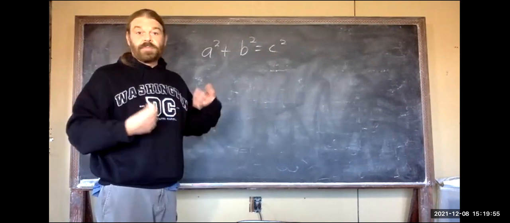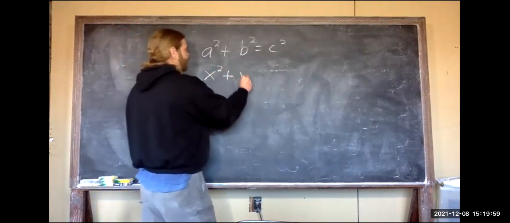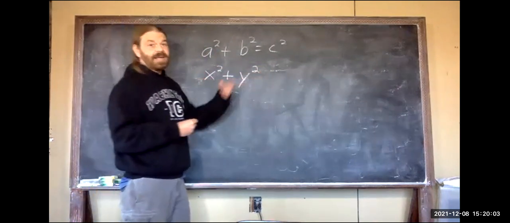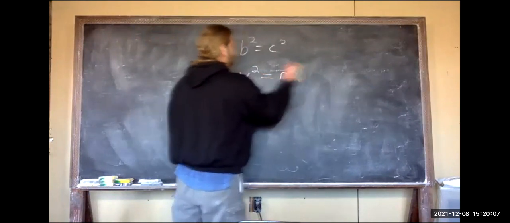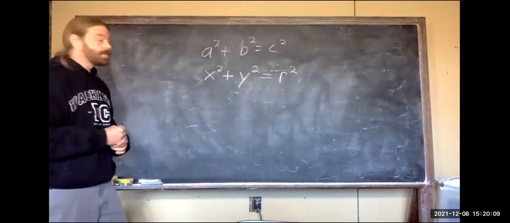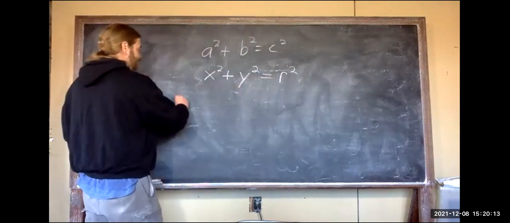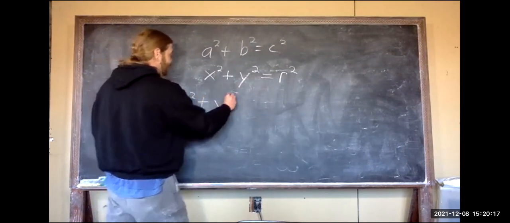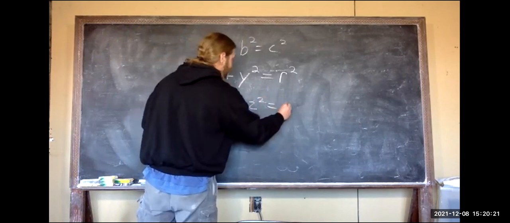And for games, when we were doing 2D, it made a lot more sense to call those x and y instead of a and b: x squared plus y squared equals r squared, just change the letters. But this does go up to any number of dimensions. It does scale up. So if we're in 3 dimensions, x squared plus y squared plus z squared equals r squared.